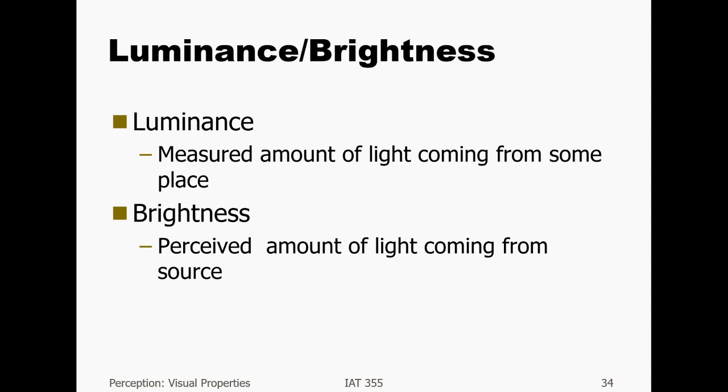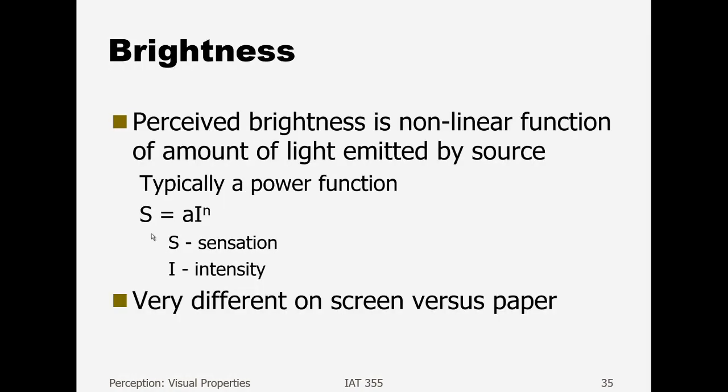So the perceived brightness is a nonlinear function of the amount of light emitted by a source. And it is typically a power function. So the sensation S is equal to some constant A times the intensity to some power.